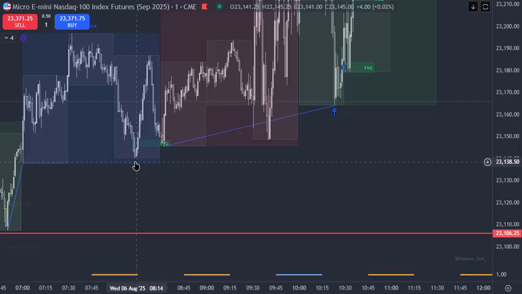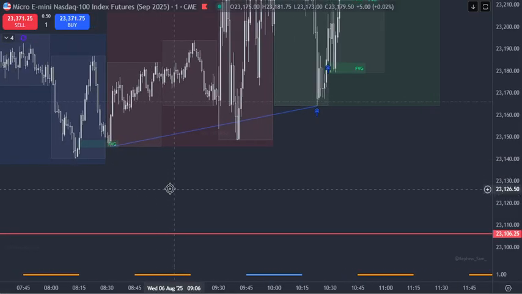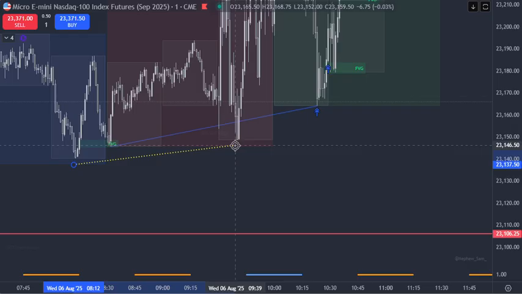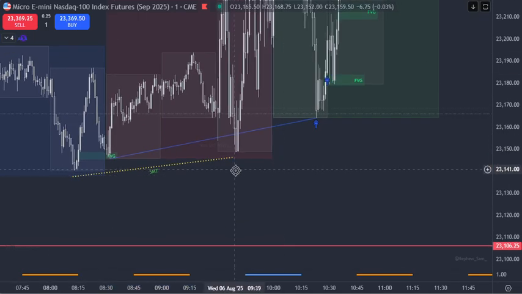ES came right here and took this low at this time. So this was SMT, and that was at 9:40.